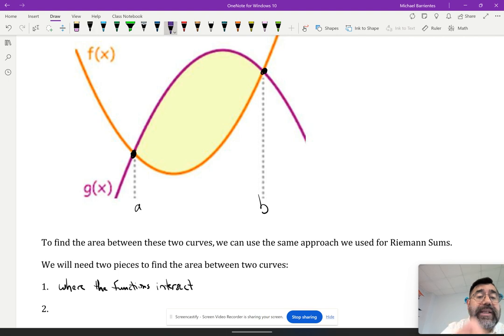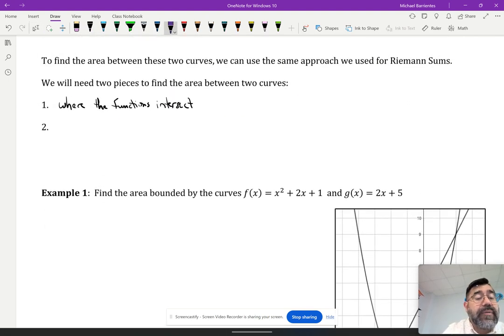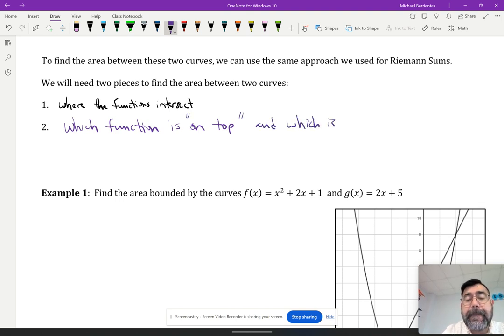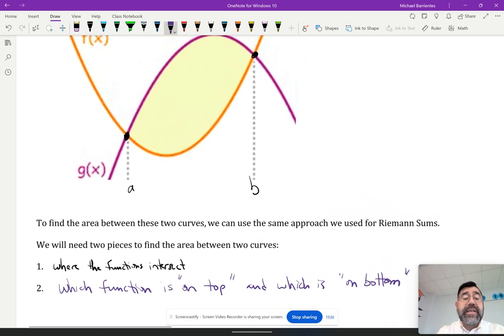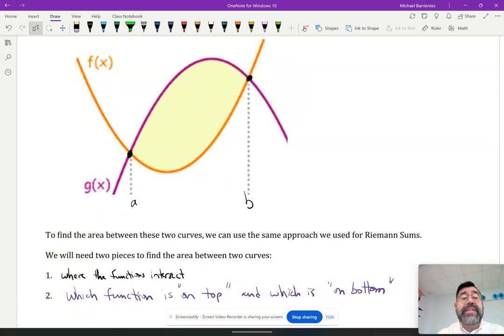And then the second thing we need is to know which function is on top, and I'm going to put on top in quotation marks, and which is on bottom. Another way to say that is I need to know which function has the higher value, because we're going to need to establish the upper bound function and the lower bound function to determine the height of my rectangle.